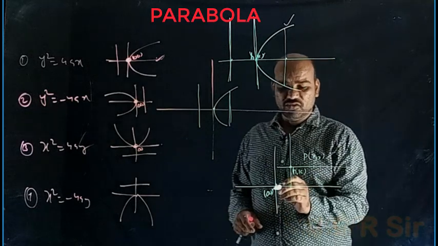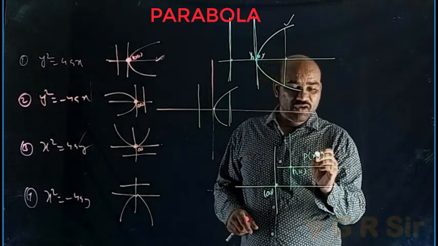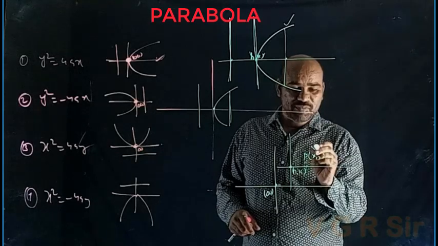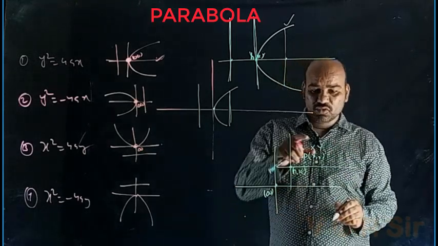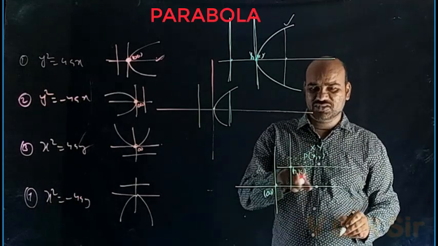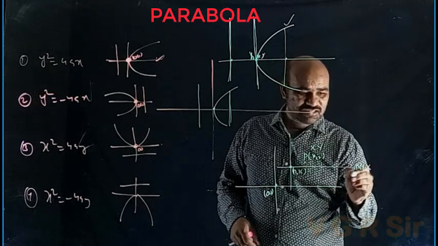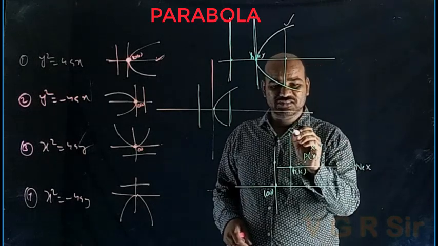So origin is shifted from 0, 0 to h comma k. So the new coordinates of P become capital X comma capital Y. So we can create the relation between capital X and capital Y and small x with the help of h comma k. So actually this is new x-axis, new y-axis.